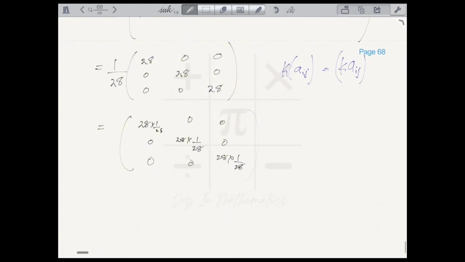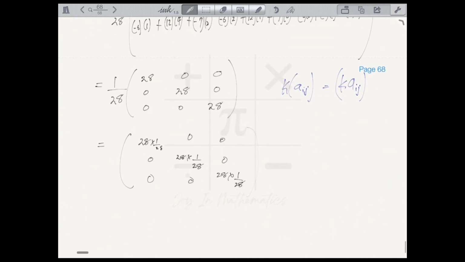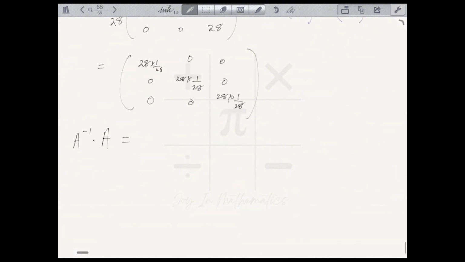Now the result of A inverse multiplied by A will be 1, because 28 divided by 28 is 1. So we have 1, 0, 0, 0, 1, 0, 0, 0, 1, which is an identity matrix of 3 by 3.